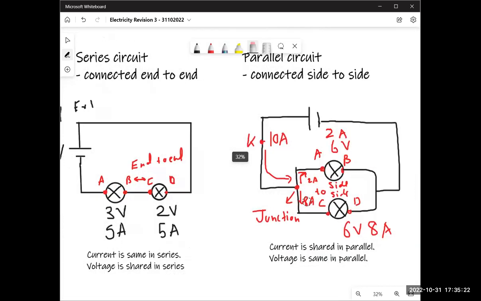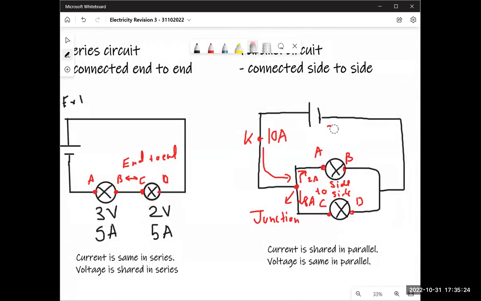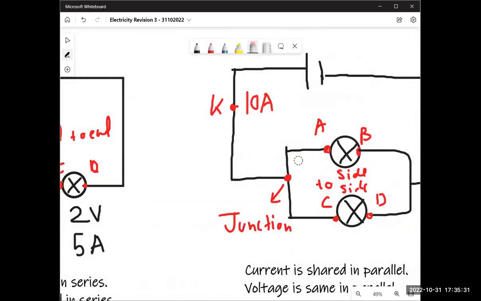Now all you have to do is draw these diagrams. Not that diagram, just a second. This diagram. Now over here I have I1, current 1. Now from here I'll get 2 currents, which will be called I2 plus I3.